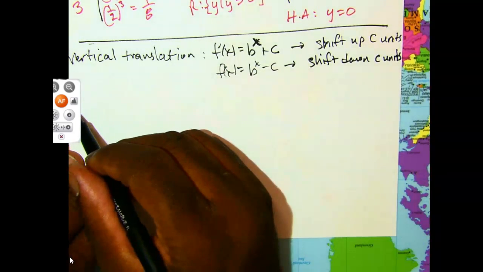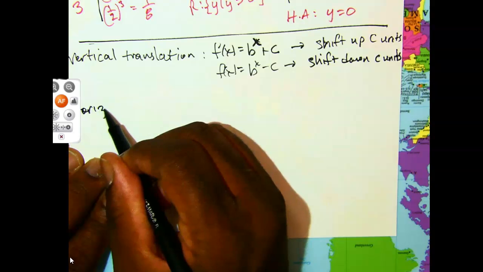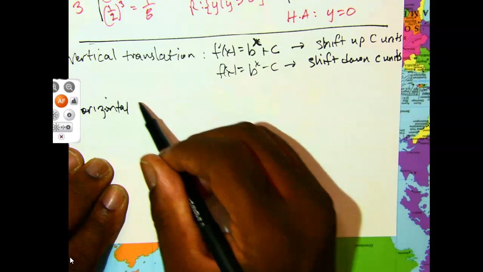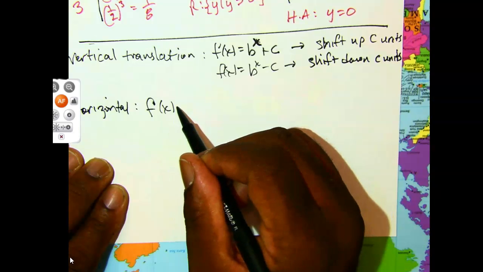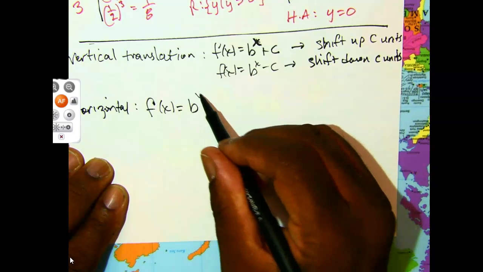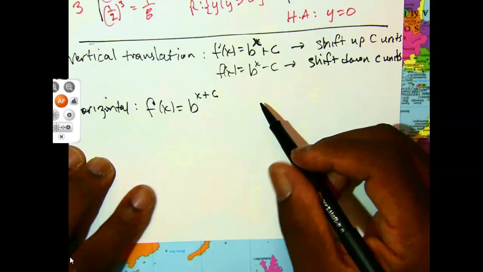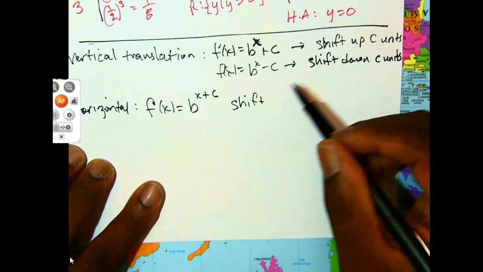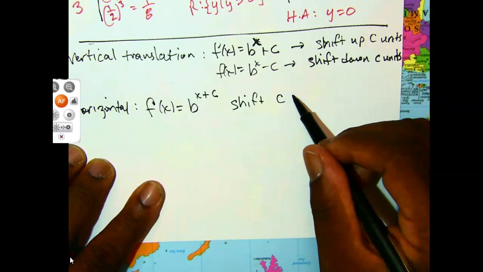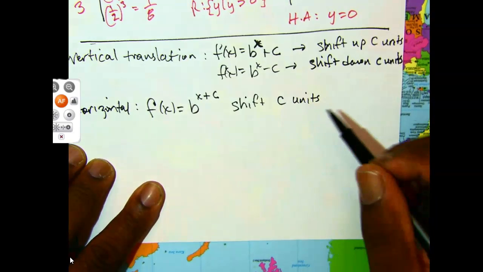Horizontal. So just like before, in this case, f of x would be b to the x plus c. So this would shift c units. What do you think?